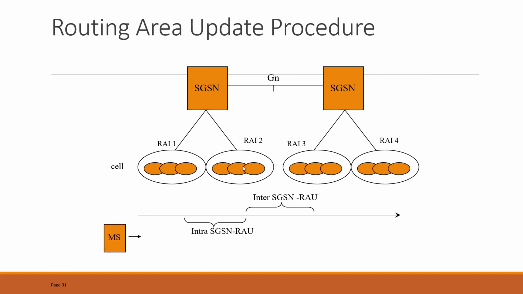Once you move to routing area ID 3 and send a routing area update, you will have routing area ID 2 in your message and routing area ID 3 as well. Based on routing area ID 2, this SGSN will recognize from the DNS that the previous SGSN that was handling was SGSN 1, so it will have this IP address available with it.